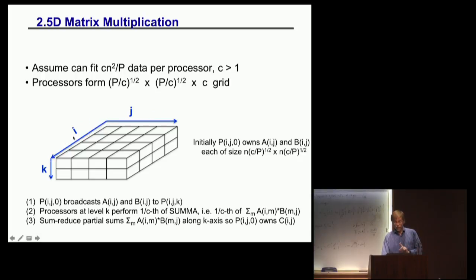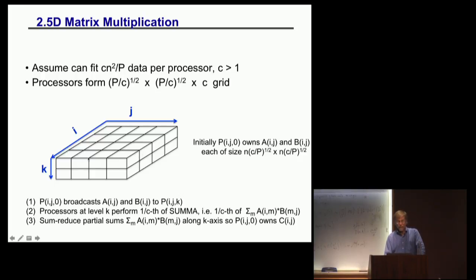So what's the algorithm? Initially, let me just use these 3 indices to indicate which processor is which. Initially, I'm just going to have all my data sitting at the top. So there's going to be one copy of A and B sitting up here. This processor at the top will own an n over 4 by n over 4 submatrix of A and B. The first thing I do is a broadcast. Every processor broadcasts down, so every one of those C layers gets a copy. That's the first step.